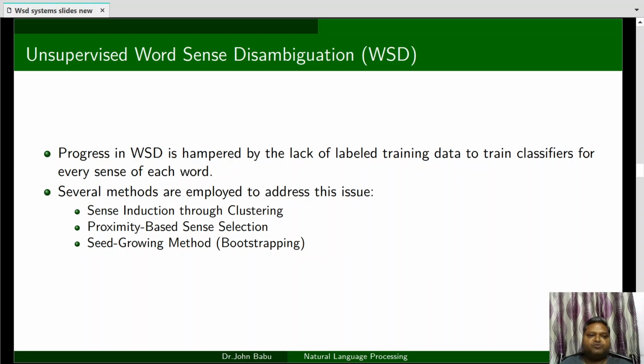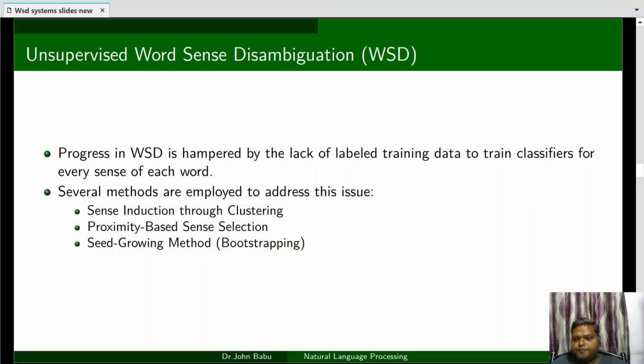As we have seen the supervised methods, let us proceed to see the unsupervised methods for word sense disambiguation. We already pointed out that supervised methods are higher in accuracy and performance, but one disadvantage with supervised systems is that we require labeled data, that is manually annotated data, which is not available for many corpora.